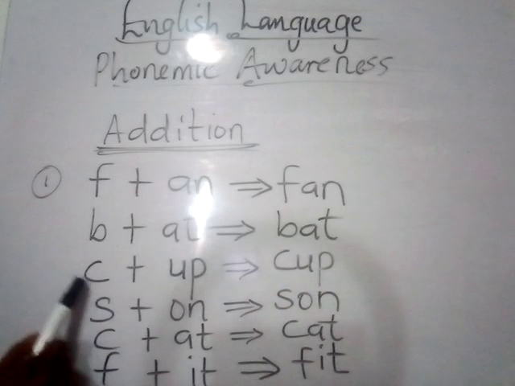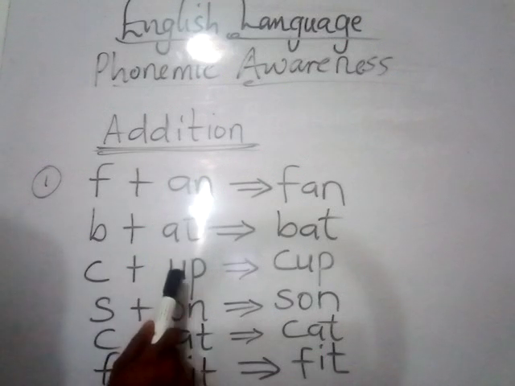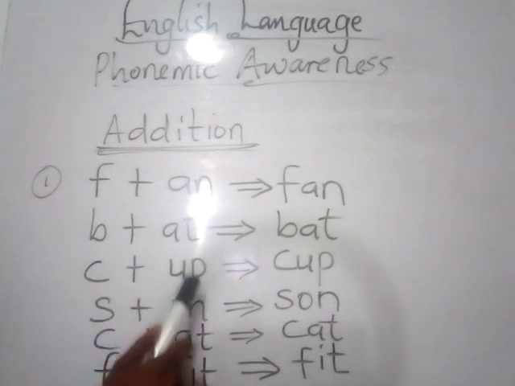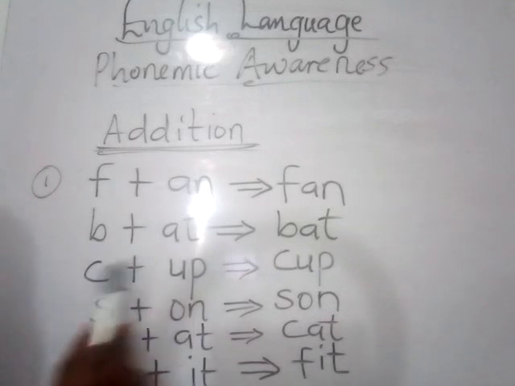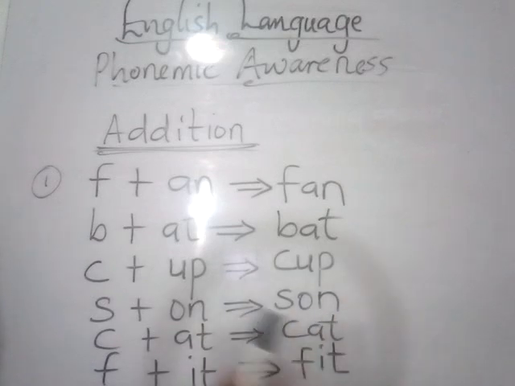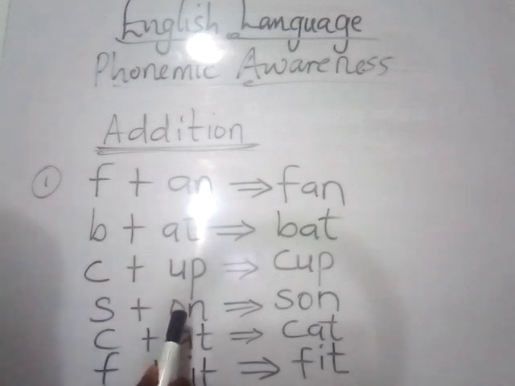Here you have the letter C. Remember, it makes the sound k, like letter K. And then we have a word here, up. Now let's add this k to up. We have k, up. It gives a new word, cup. Here we have letter S, which makes the sound s. And then there's a word here, on.